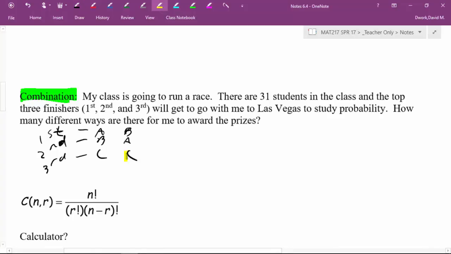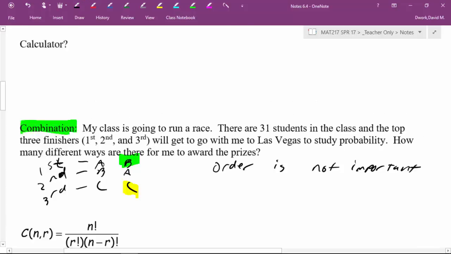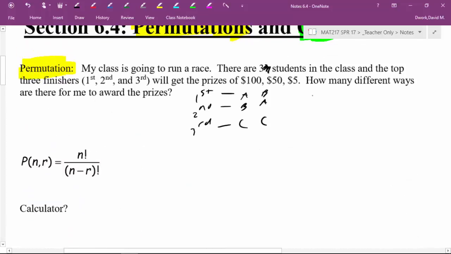Student C is getting the same prize as student B. It doesn't matter who's first, second, or third. Does that make sense? So in this case, with combinations, the order does not matter. Whereas back with permutations, the order matters.